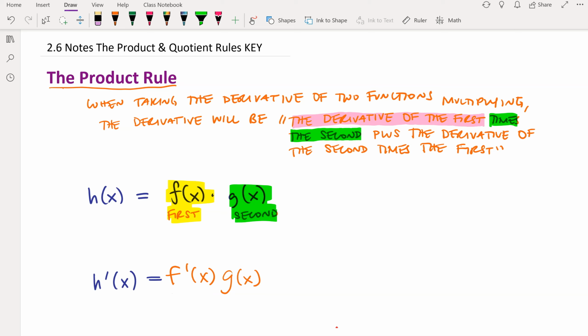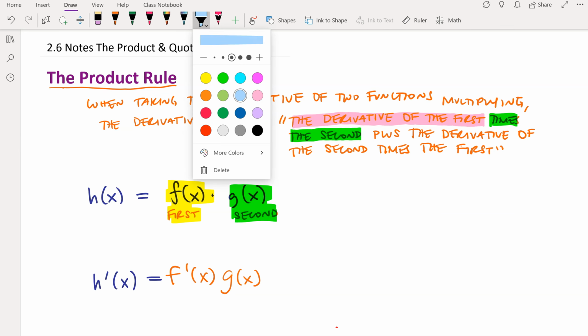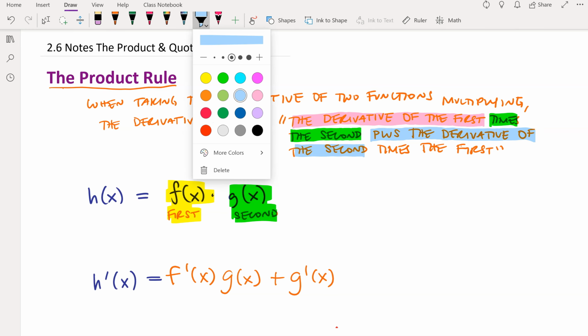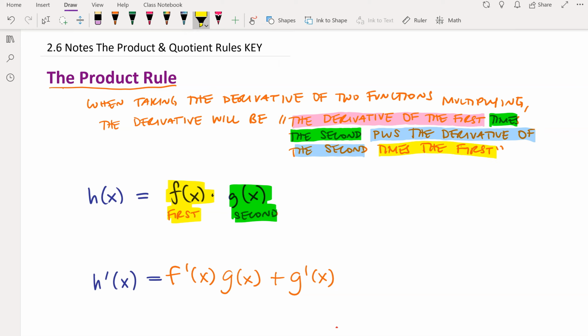Our next step tells us to do plus the derivative of the second. So we're going to do plus, and then the derivative of the second function would be the derivative of g, which is g prime of x, and then times the first.